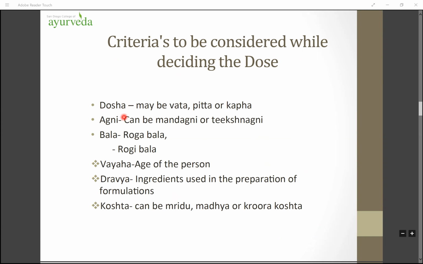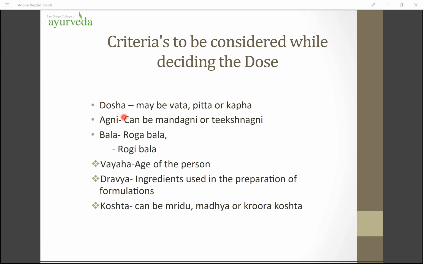The first thing is the dosha. So here you have to look at the prakriti of the person, and the vikriti of the person. So if I am a vata prakriti, and I have a condition that is a pitta vikriti, like for instance, if I'm a vata person and I have hyperacidity, I have amla pitta.